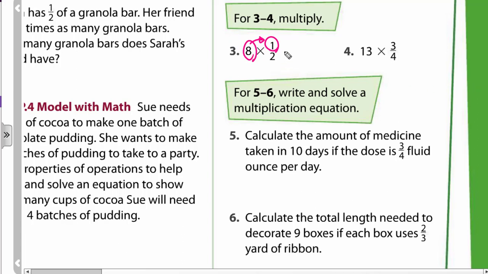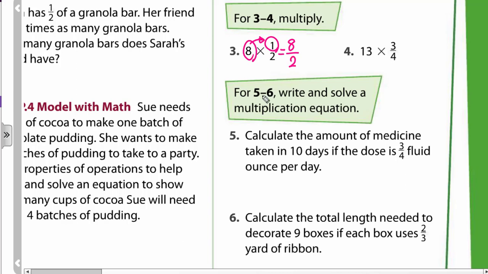Go ahead. 8 multiplied by 2. I repeat, we do not change the denominator. So the denominator is? It's 2.